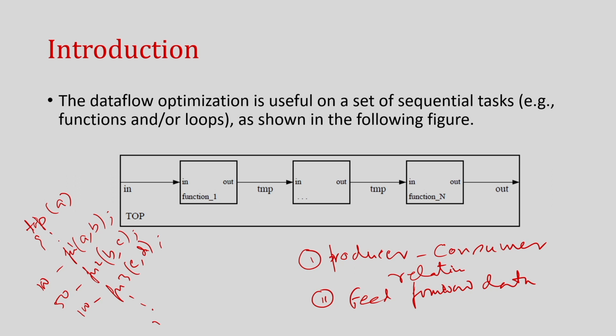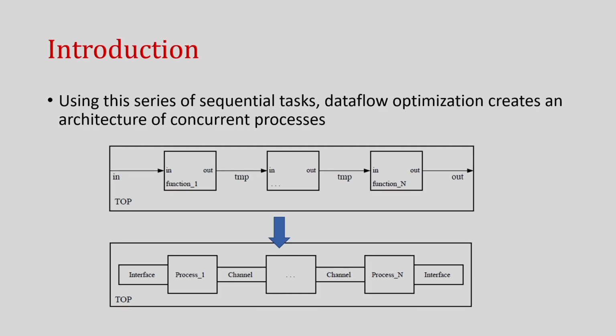Since there is a producer consumer relation, can I run these particular functions in parallel? That is the data flow, and the data flow optimization makes sure that this happens. Let us try to understand how. This is my function 1, this is function 2 and this is function 3, the way I have explained.